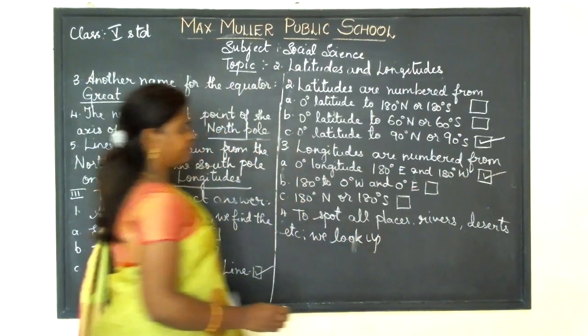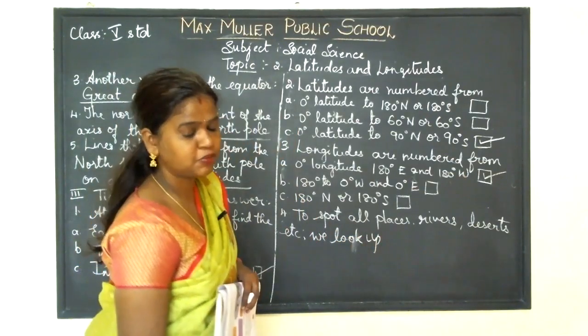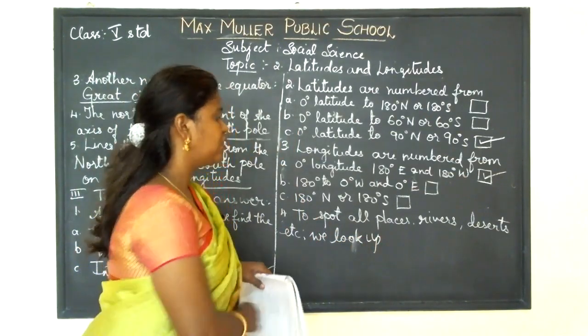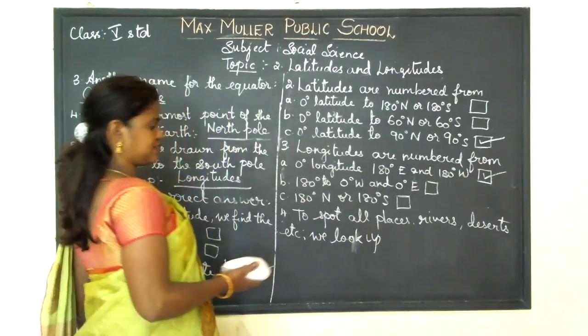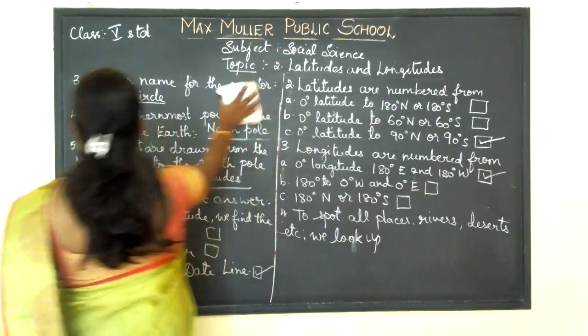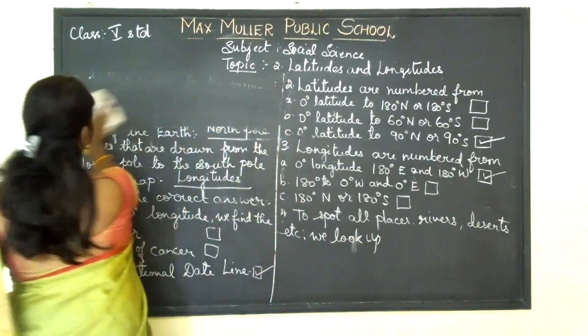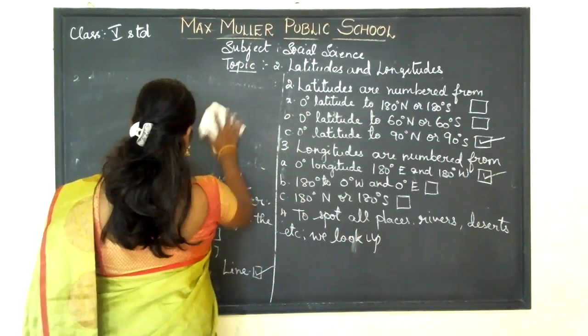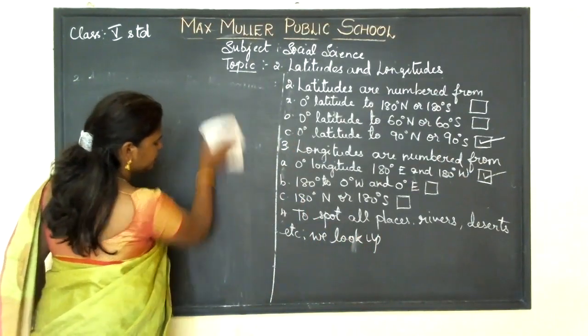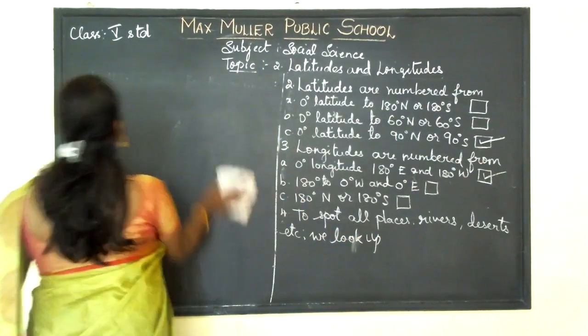So whenever we want to spot some of the places or the rivers or the deserts, we just look up into what? I'll be giving you the three options.